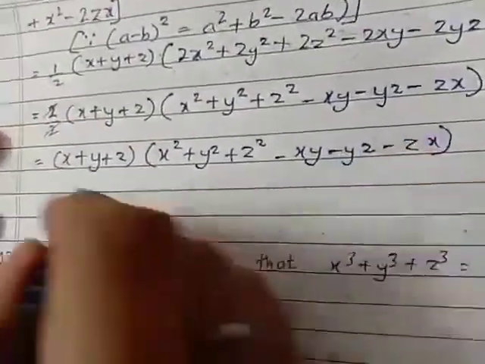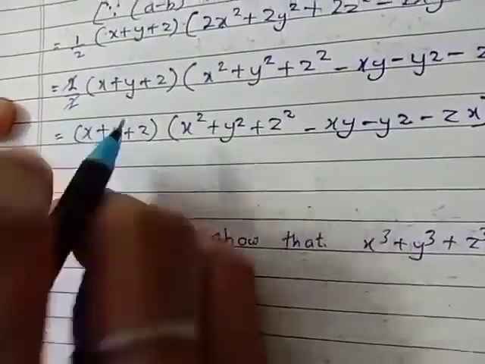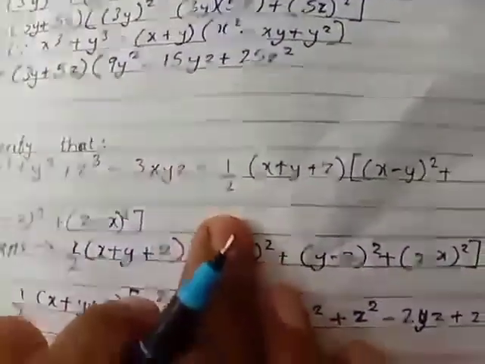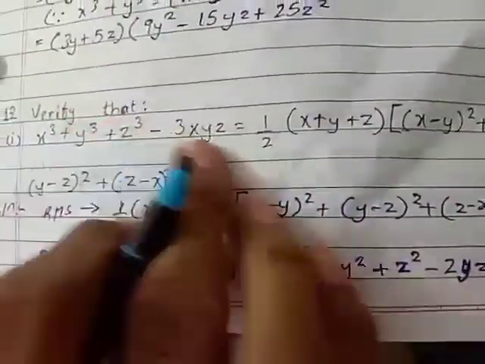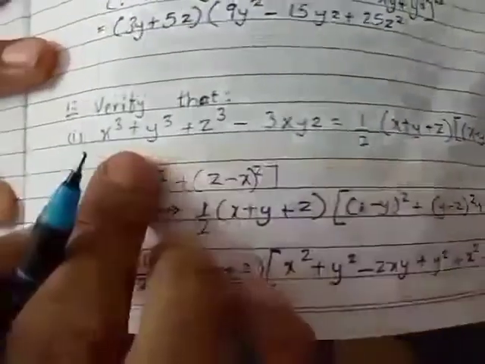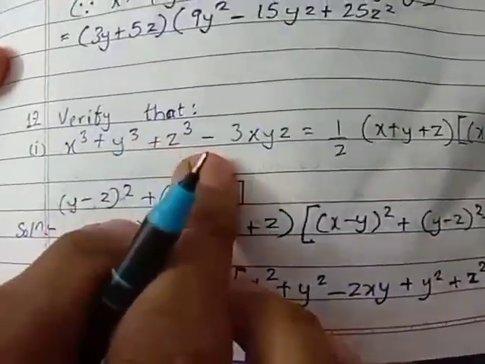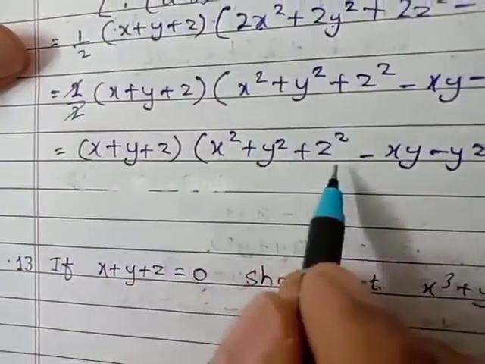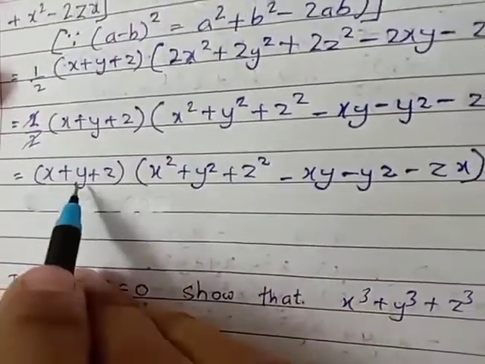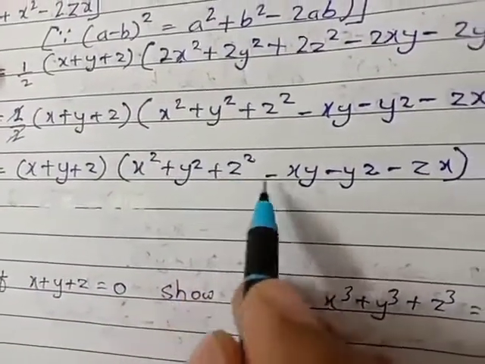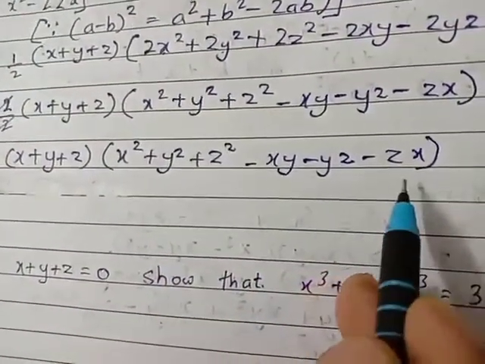So now what is the right hand side? The right hand side was this, which we have solved. And what is the left hand side? x cube plus y cube plus z cube minus 3xyz. You can observe it in the form of a plus b plus c into bracket a square plus b square plus c square minus ab minus bc minus ca.